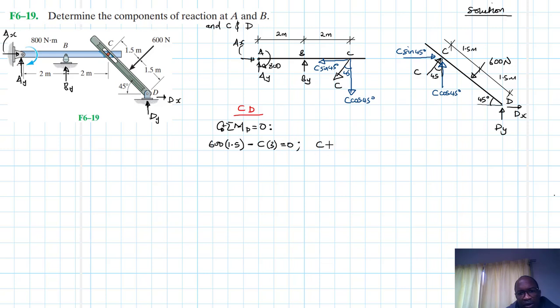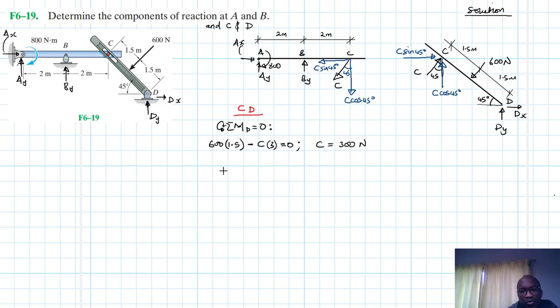And therefore our C is just going to be equal to 600 by 1.5 divided by 3. This gives us C equal to 300 newtons. So we found what C is.